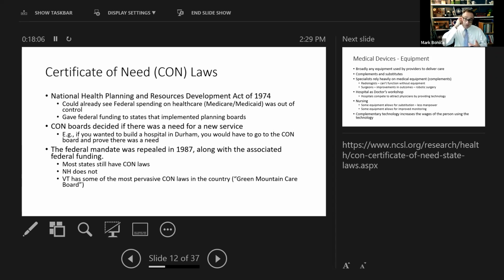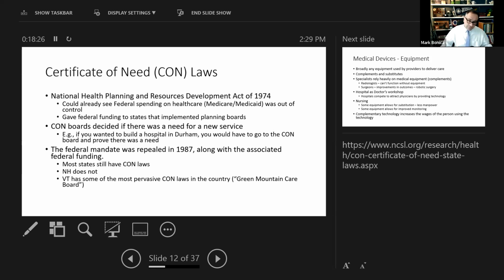Now, you've got your bootleggers and your Baptists. So you're inevitably going to have some people that genuinely believe that there's no need for an additional hospital. And then you're going to have your bootleggers, and that would be all the CEOs, just in case you weren't following, right? Who don't want any more competition.